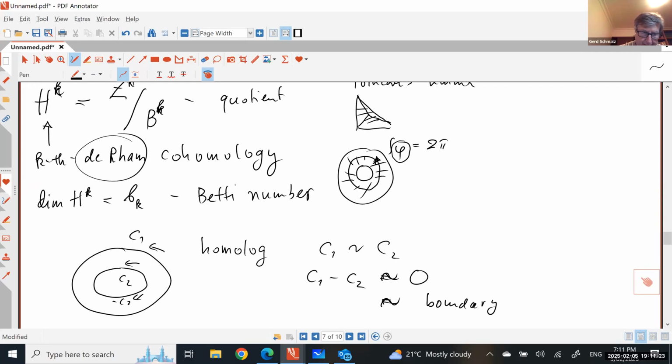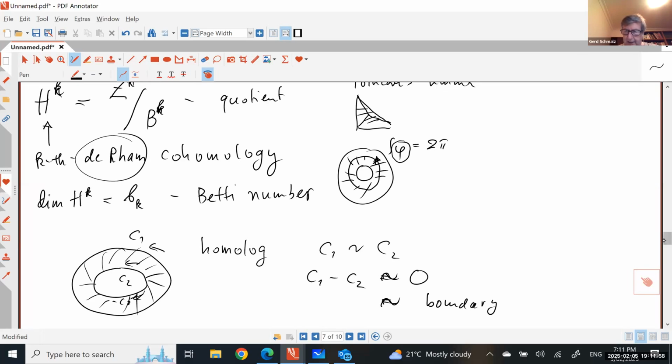And if minus C2 goes this way, then these two cycles form together the boundary of some chain. So actually these two are homologous. And this is homology of cycles. Two cycles can be in the same homology class.